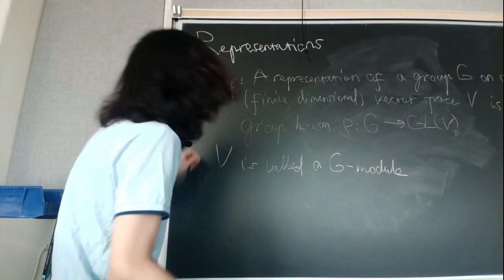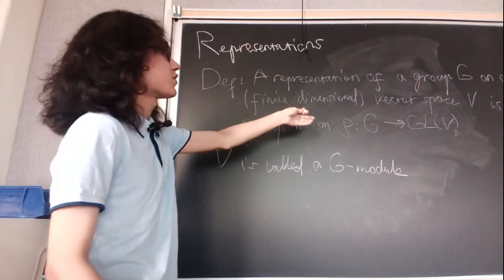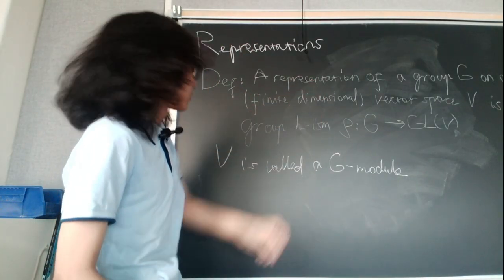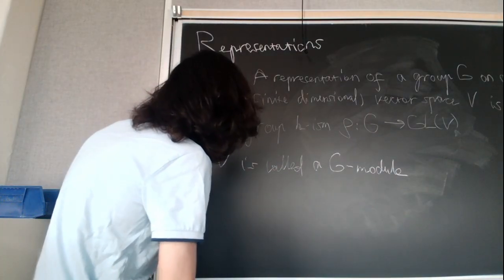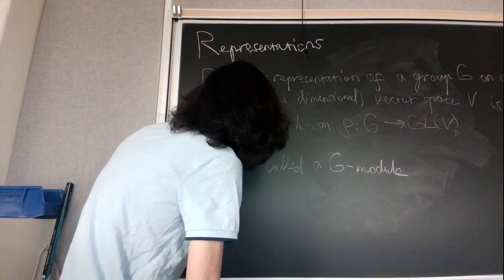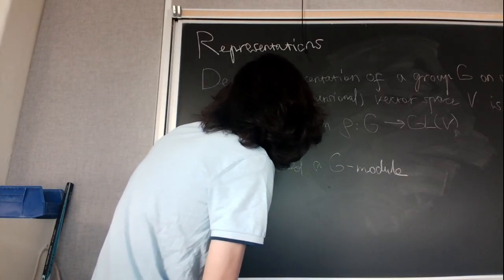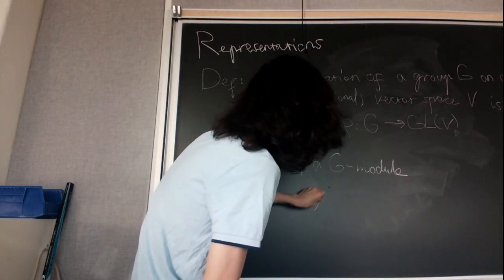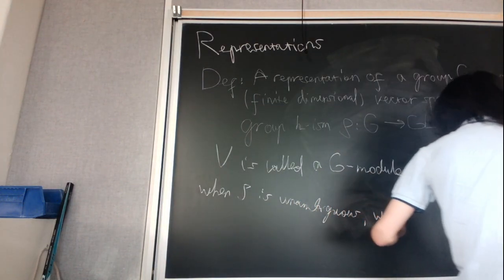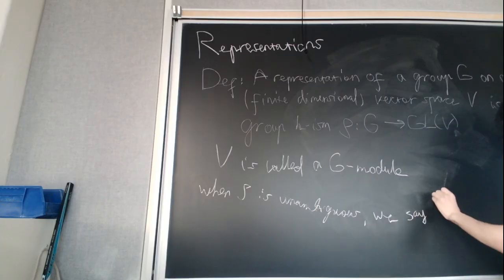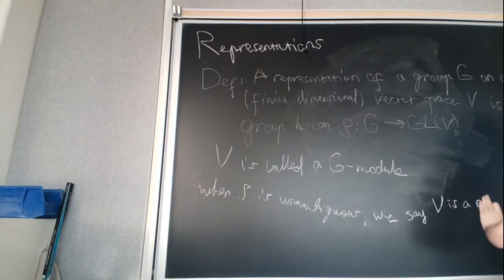When rho is unambiguous, we can also say that V itself is a representation of G. Oh my god, my handwriting.